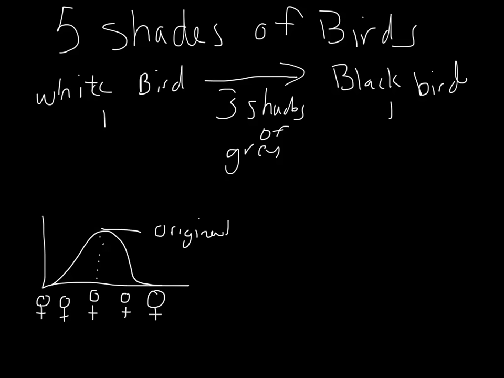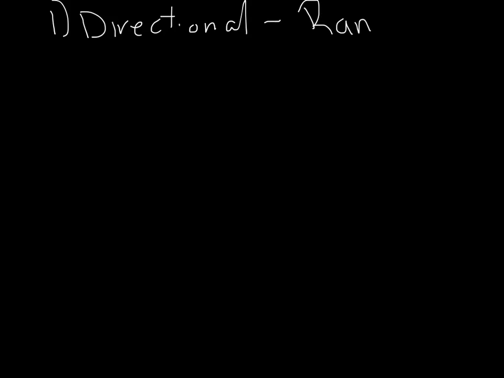And I'm going to go on to the next slide. So we'll go with 1 directional. Okay, and that is where there are certain conditions, environmental factors that will favor individuals that exhibit an extreme phenotype range. And the key word for this is range.